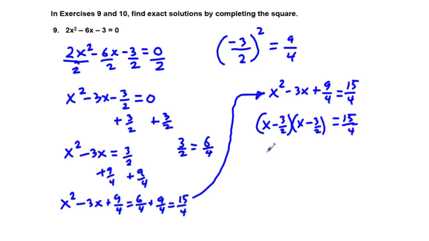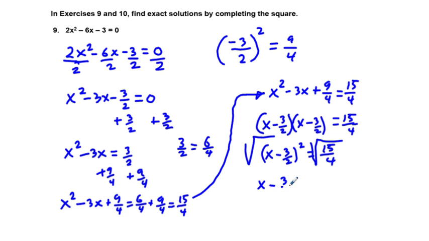So x minus 3/2 quantity squared equals 15/4. We can take the square root of both sides here, and what we get is x minus 3/2 is equal to plus or minus square root of 15/4, which is square root of 15 over 2.